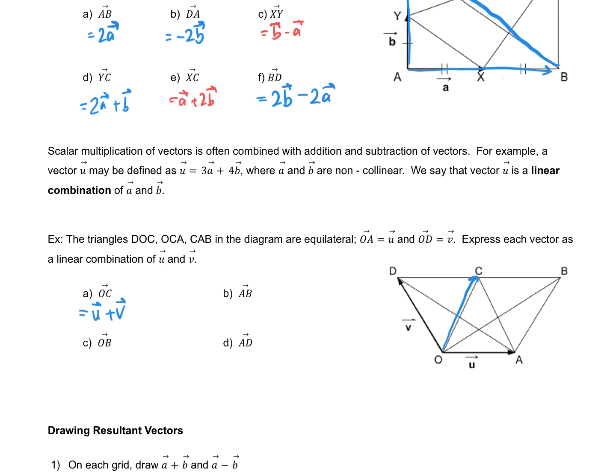Next we have vector AB. Well, vector AB is equal to vector OC.